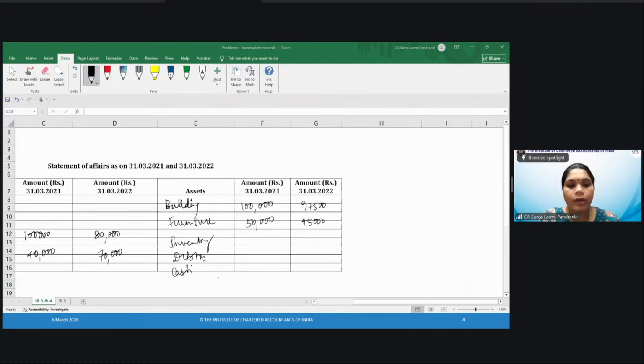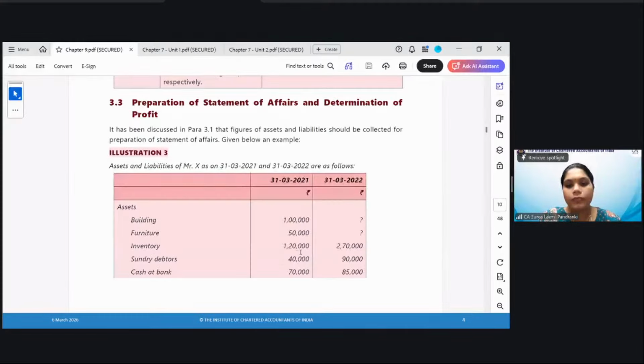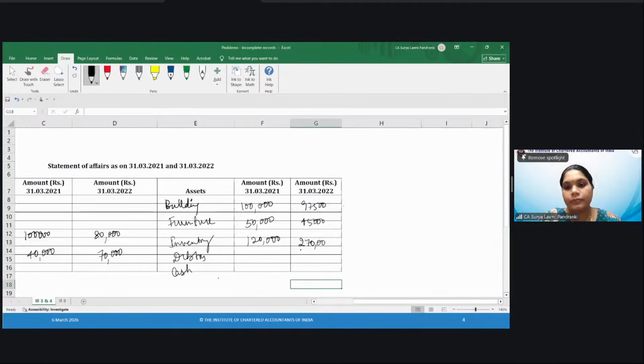Fine. And what is the inventory value? 1,20,000 and 2,70,000. 40,000 is the debtors and 90,000. And 70 and 85. Cash in hand is also there. 1,200 and 3,000.